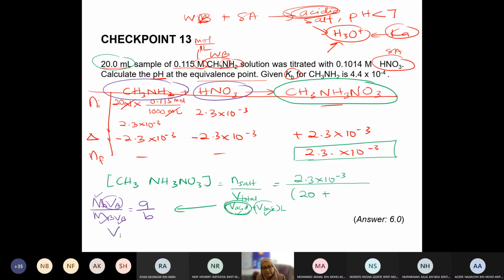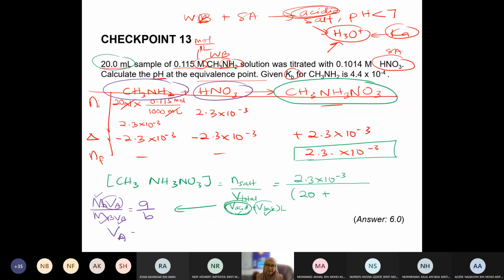So you akan dapat VA. Berapa dia punya V dia? 20 times 0.115, divided by 0.1014. Tengok betul-betul value tu, jangan 1041.